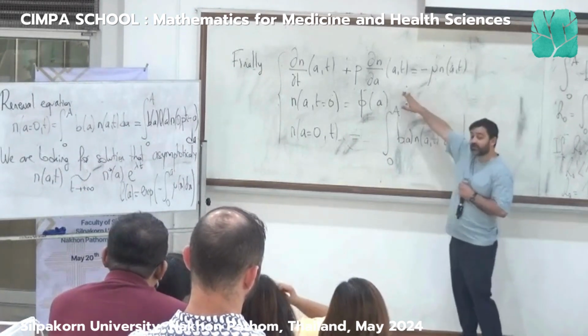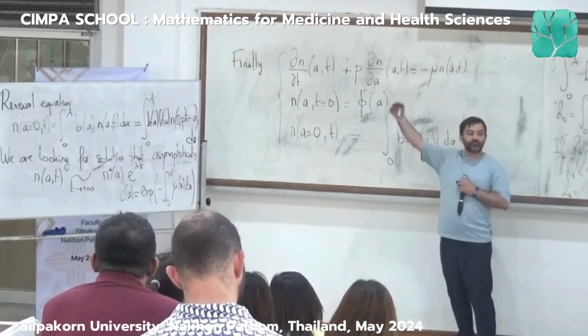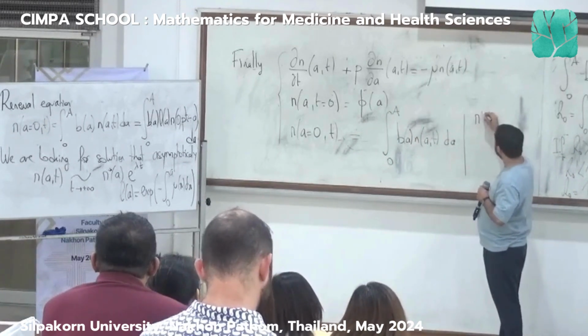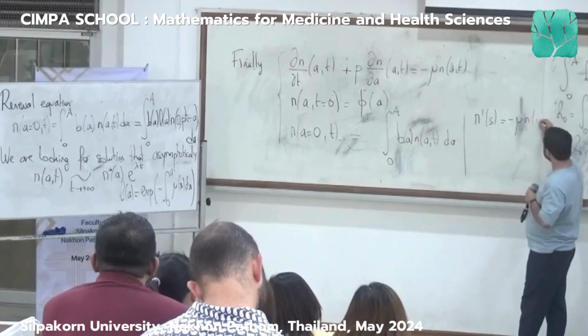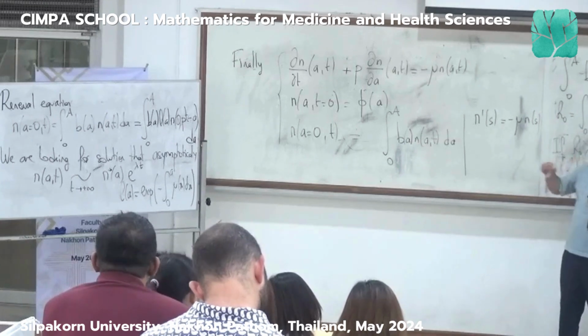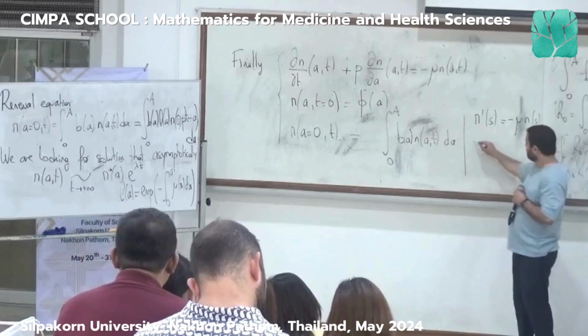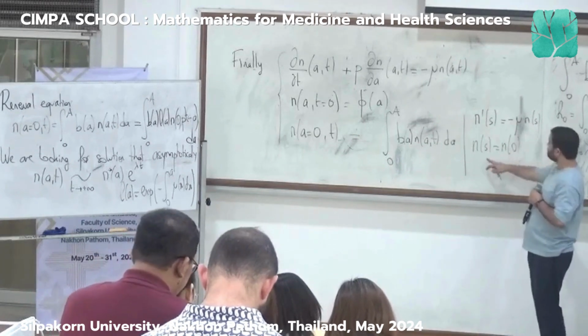Instead of solving a PDE, which is complicated, what you want to do is transform it into an ODE. So maybe you can make a change of variables, and we find the new variable. And the solution of this ODE, what is it? It is just N0.